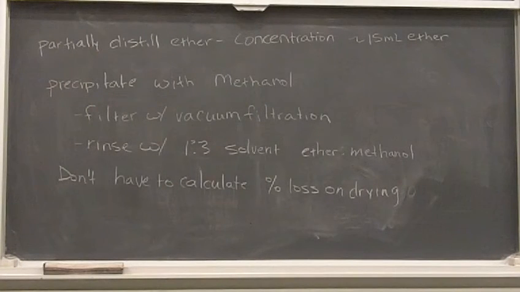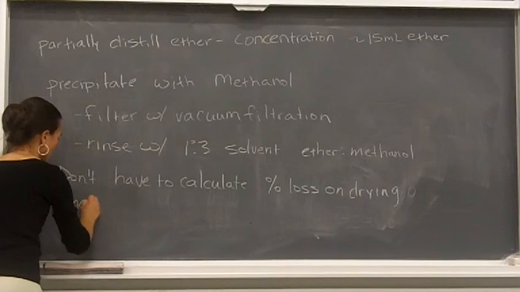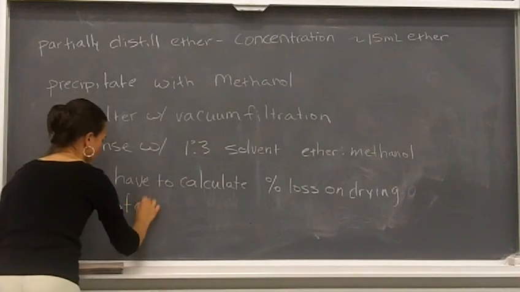So what we would have done is taken a small sample, set it aside, let it dry, and see how much weight it lost over time, and then gone through and carried on with the rest of the trimeristin to make the muriatic acid. This year we've divided things into 2 weeks, and so over the week things will dry. We're not going to have to calculate how much is lost on it drying, because next week you want to take the weight of your dry trimeristin, and you'll know exactly how much your dry trimeristin weighs. Okay, so make sure you get the mass next week of dry trimeristin.